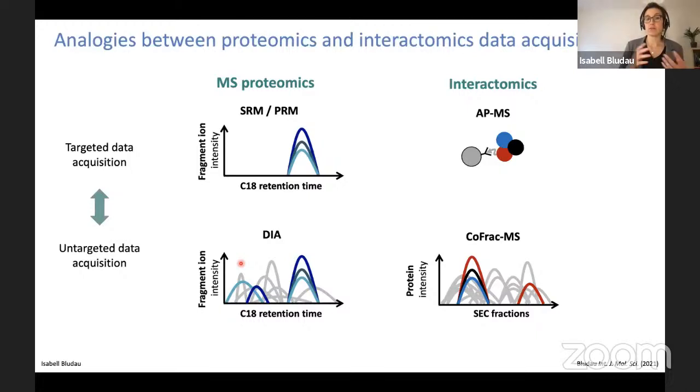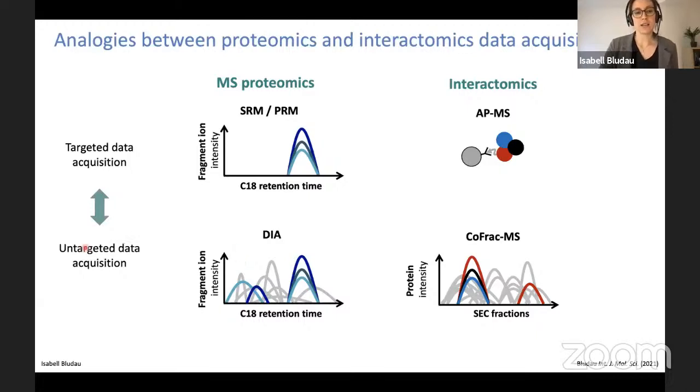In these strategies, we select some peptides prior to data acquisition, and then we specifically target those peptides during our acquisition mode. This is kind of analogous to the situation in APMS, where, prior to our experiment, we select a specific bait protein that we want to investigate in our data acquisition.